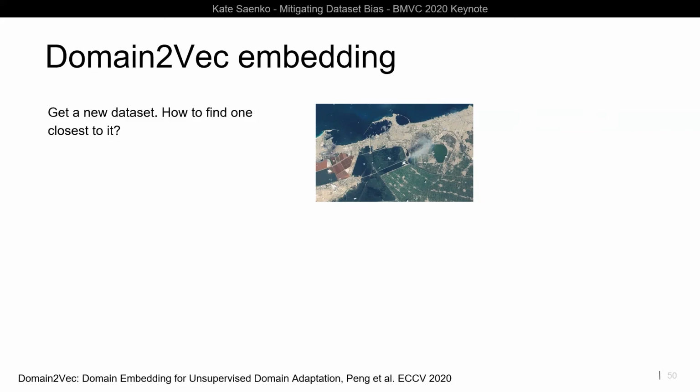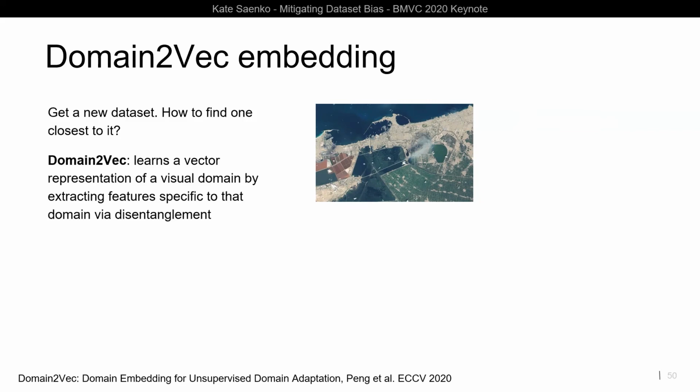And so we propose to use this domain embedding using our domain-specific features to do this task. Okay, so domain to vec learns a vector representation of a visual domain, so the entire domain, all the images in it, by extracting features specific to that domain via disentanglement, so via the technique that I just showed you.